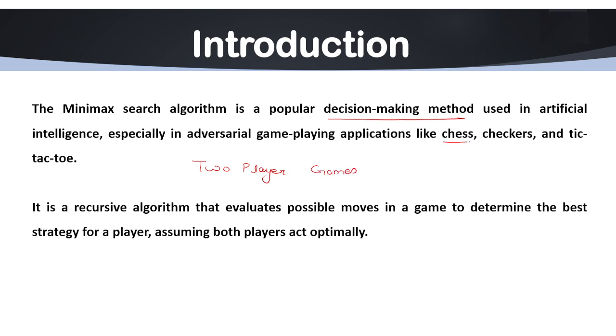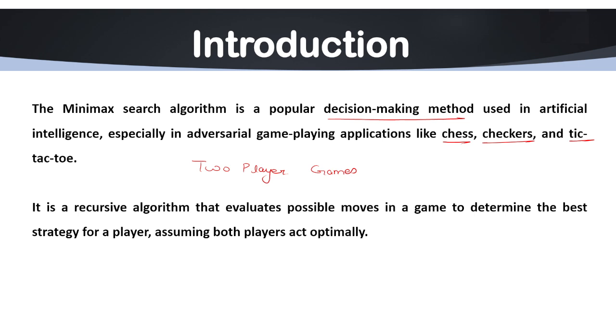Like if you are playing chess, checkers, or tic-tac-toe, all these are two-player games. So whenever we use two-player games for decision making, we make use of the min-max search algorithm, right? It is assumed that both the players play optimally.